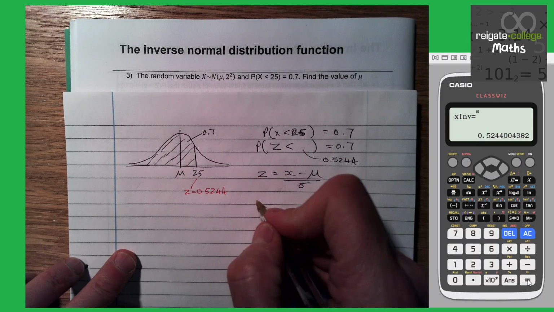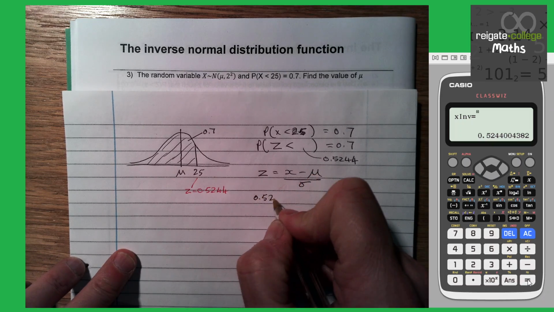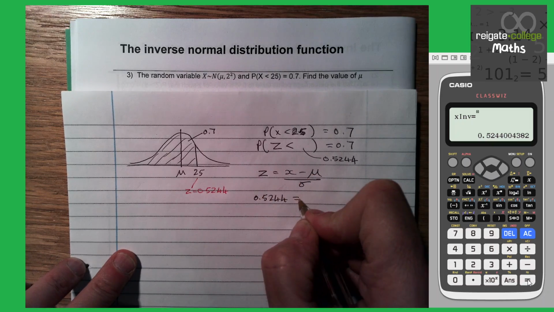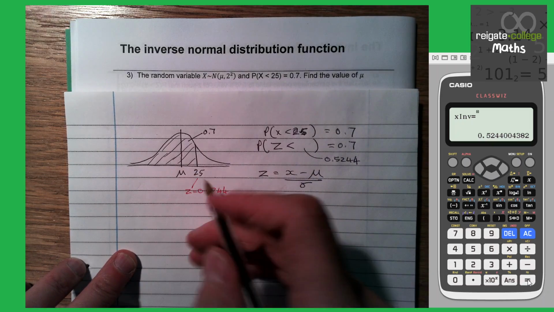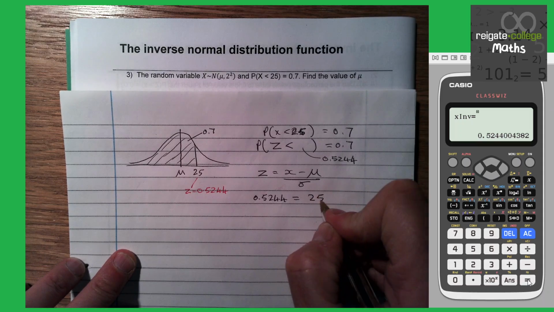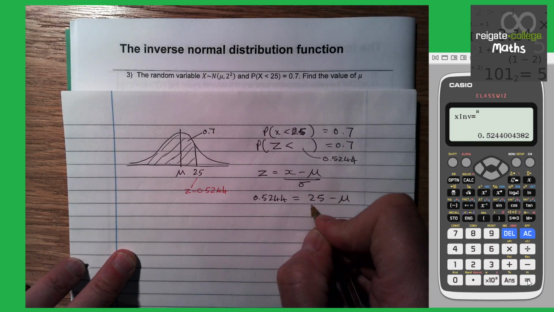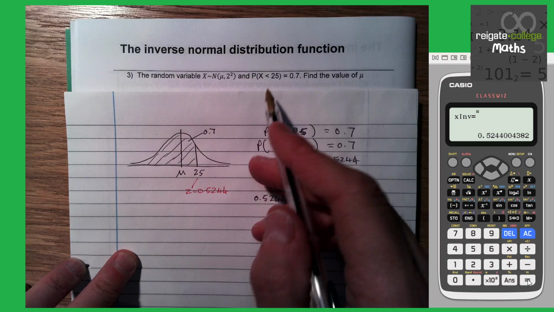So now we can put all the values that we know into this equation. We can say 0.5244 is equal to the value of x, which is 25, minus the mean, which we don't know yet, over the standard deviation, which we know is 2.